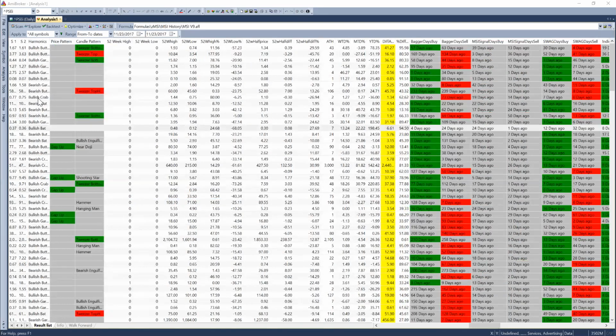Then just paste it there. Kung mas komportable kayo dito. Although yung colors, hindi siya nata-transfer from AmiBroker to Excel.